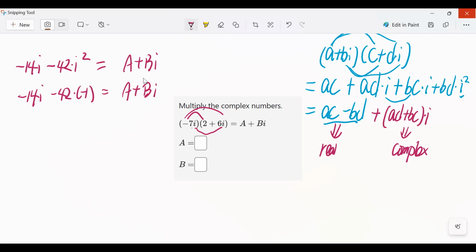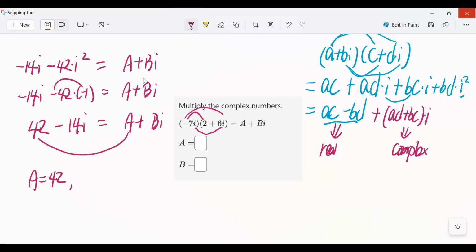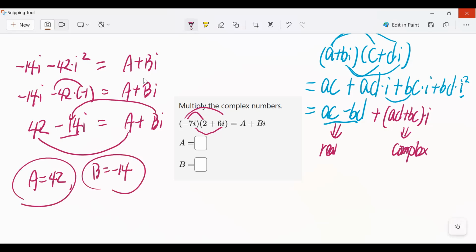From here, the two minuses become plus, so it's 42 positive, real part, and -14i. Now A equals 42, right? A is the real part. And Bi is the complex part. So B equals -14. 42 and -14.